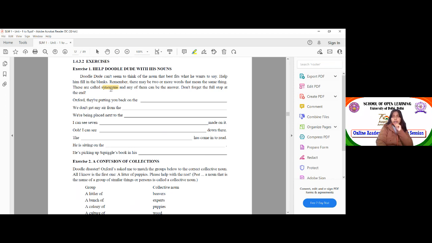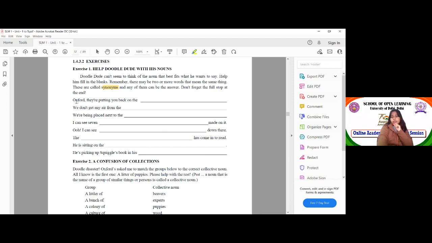Antonyms will be tall, short. Synonyms will be big, large. They both mean the same thing, but you're using a similar word. Now you have to help Doodle Dude do this exercise.